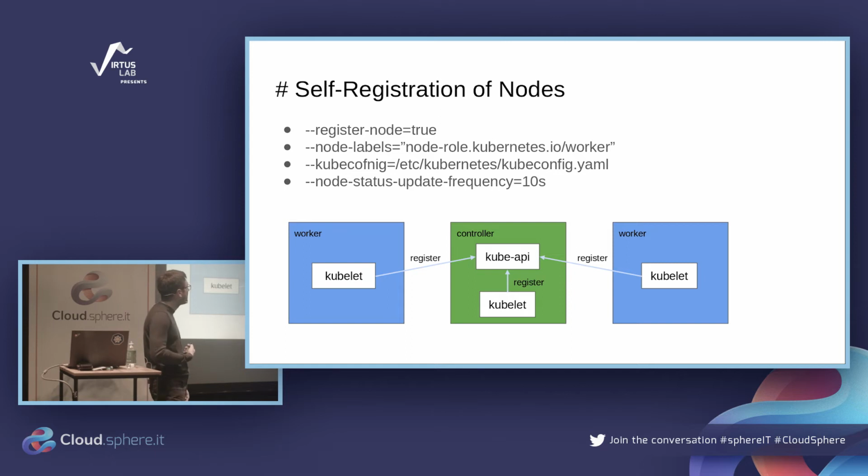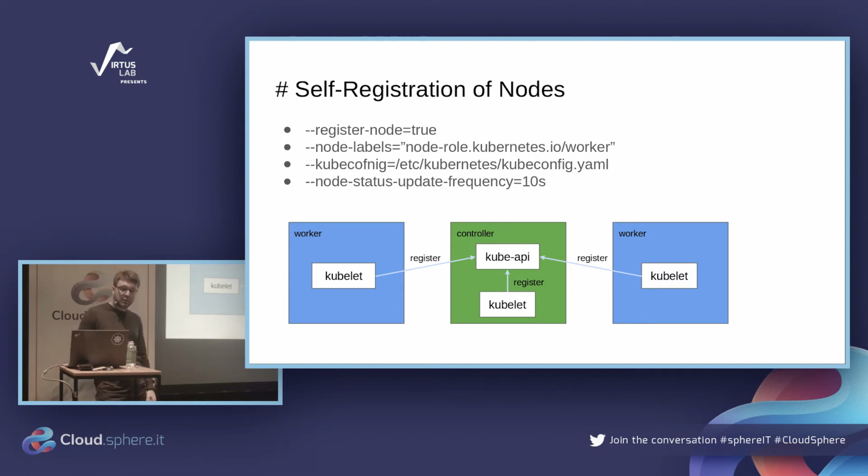Self-registration of nodes. When kubelet starts, it will attempt to register itself with the API server based on a bunch of parameters. We have register node true, which is the default. We can set it to false and do it manually if we need to. Also, we can specify additional node labels to distinguish the type of the node, whether it is a worker or controller or a different set of nodes, for example for Bastion.